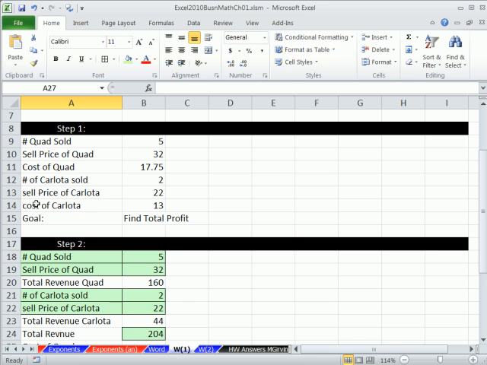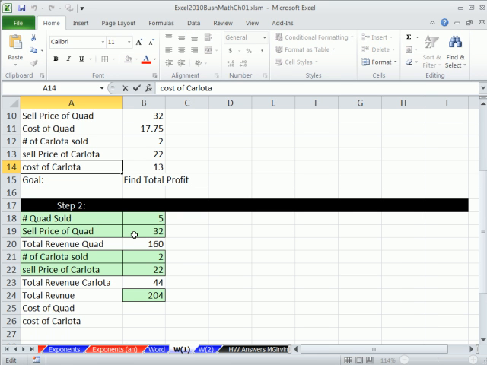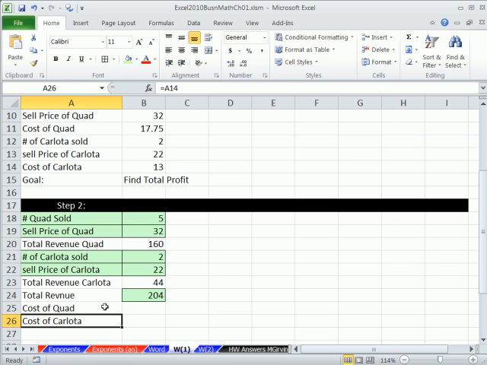I'm actually going to come up and change that. And watch what's so cool about this. This will illustrate. So I'm editing it, and I'm going to type a big C. This is the label, and we're looking at that label down here. When I hit Enter, it corrects down here because it's a formula. Now, here's cost of Carlota, and right there is the 13. So if this formula is looking there, when I drag the formula over, it'll look at the 13. I can highlight both of these and drag it over.